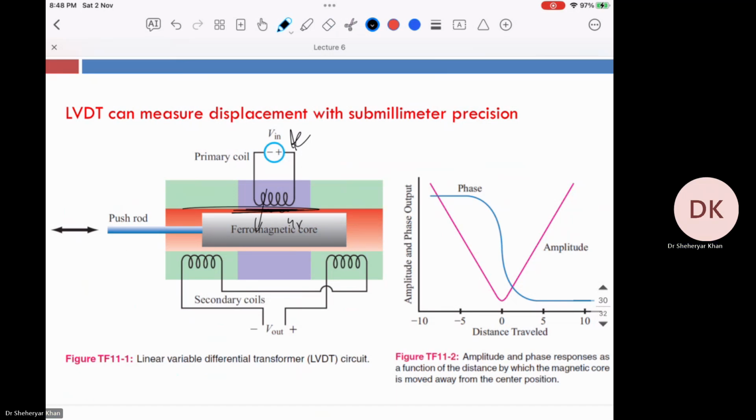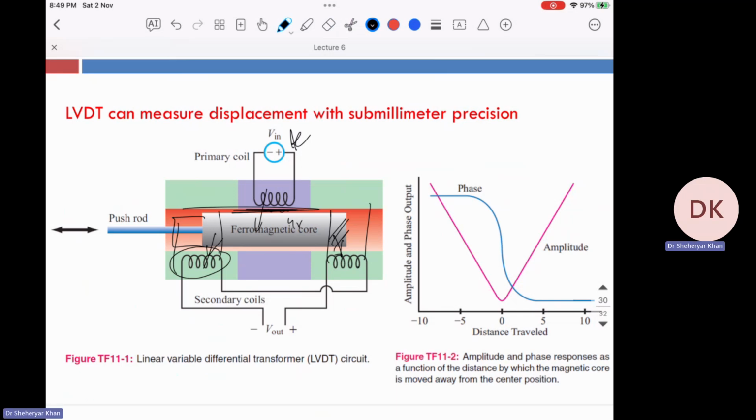Now, there are certain coils here under the influence of the iron. If this iron moves here, you see now this coil is under the full influence, but this coil will be alone. There's no overlapping of the iron on this coil, correct?